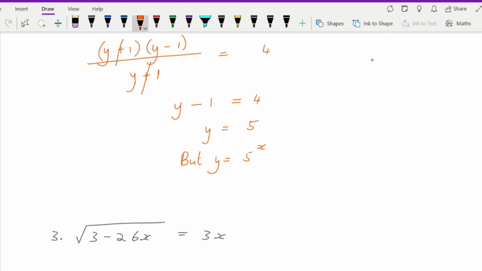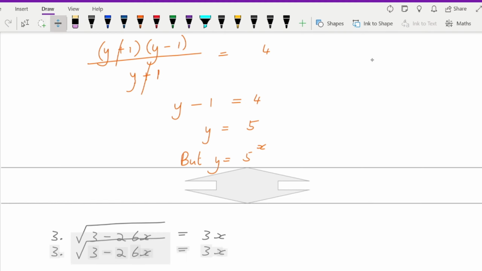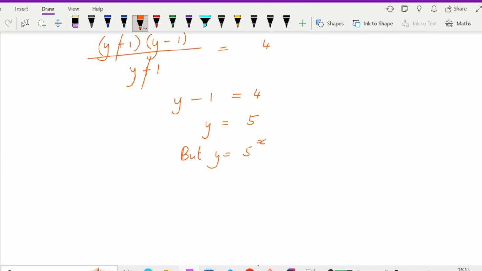So we bring back 5 to the power x, which is equal to 5. So 5 is to the power 1. Since we have common bases, we can just drop the bases and equate the exponents, so x is equal to 1.